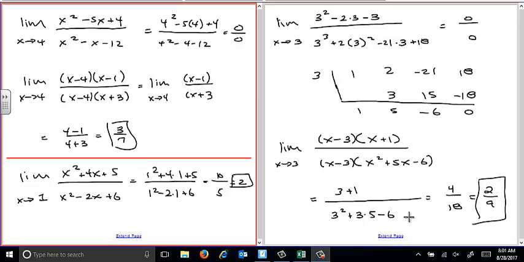So if you factor the numerator and the denominator, the common factor is x minus 3, so those cancel out, and then you just plug the number into the second part. So x equals 3 here and there, and I got 2/9. Anybody have any questions on any of that?